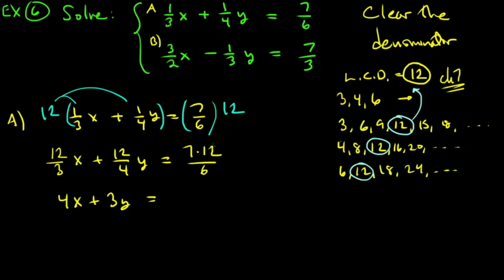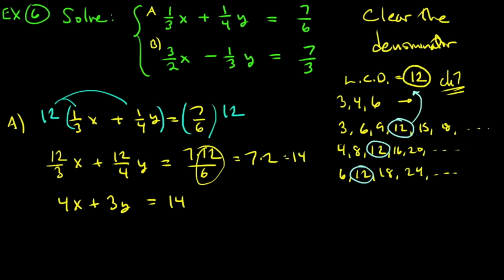And instead of doing 7 times 12, I'm going to do 12 divided by 6 first. 12 divided by 6 is 2, and 7 times 2 is 14. You could do it either way, though. You can do 7 times 12, which is 84, and then 84 divided by 6 is also 14. So there's equation A, but without the fractions.